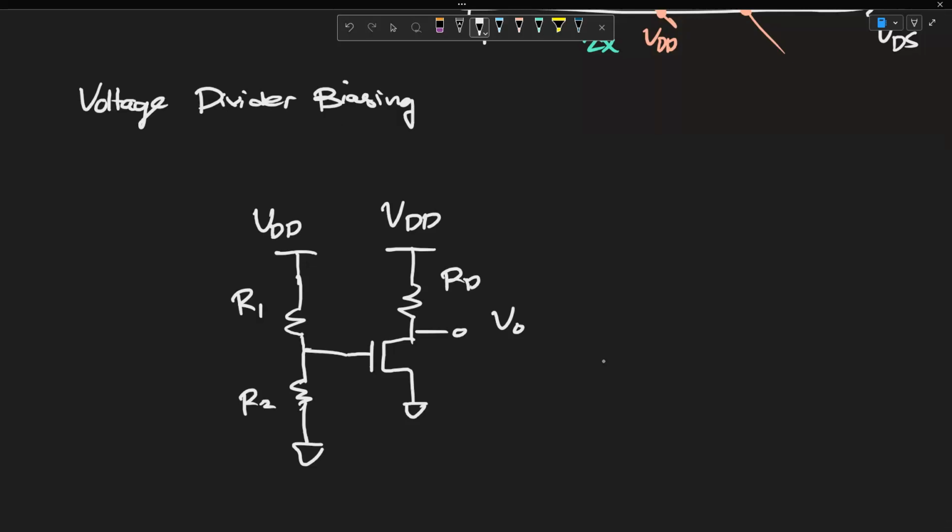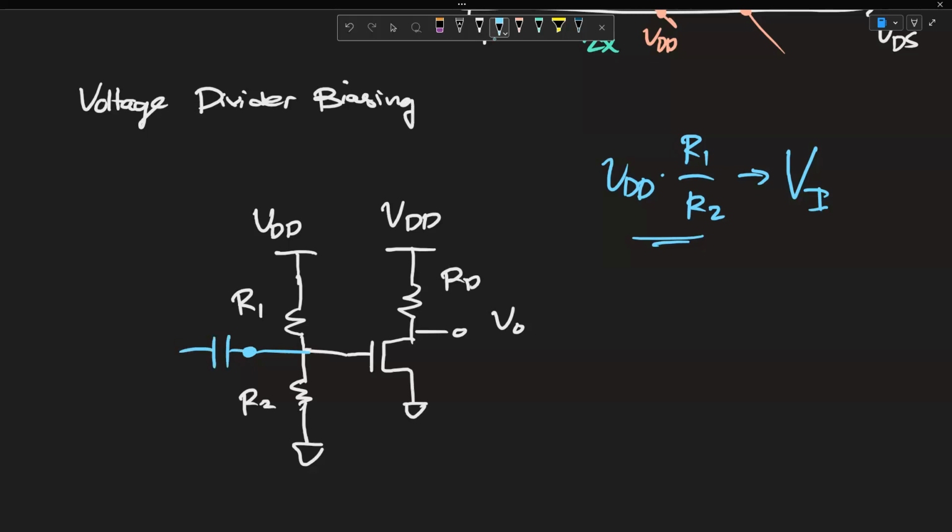The voltage divider created by R1 and R2 creates a voltage here, which is VDD times R1 over R2, and this creates a Vin, a capital V, capital N, for your circuit, a DC Vin. Now, if you're going to ask me, okay, how does our small signal come in here?